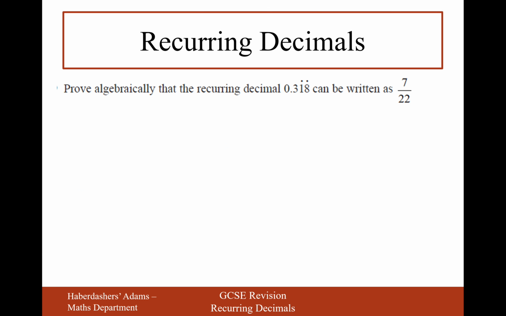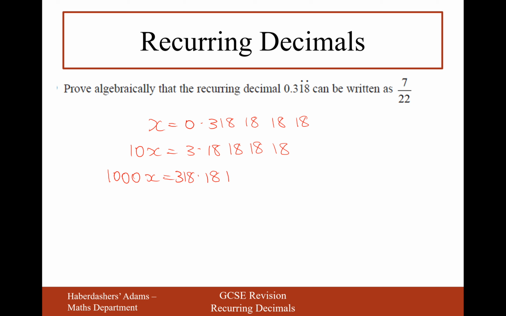And moving on to the final question, it's 0.318 with the 1 and the 8 recurring, so it's going to be x equals 0.318181818. Multiply everything by a factor of 10 and we get 3.18181818. Multiply by everything by 100, so we're now up to 1000, because I want all of these decimal places bumped up 2 positions. So it's going to be 318.18181818.